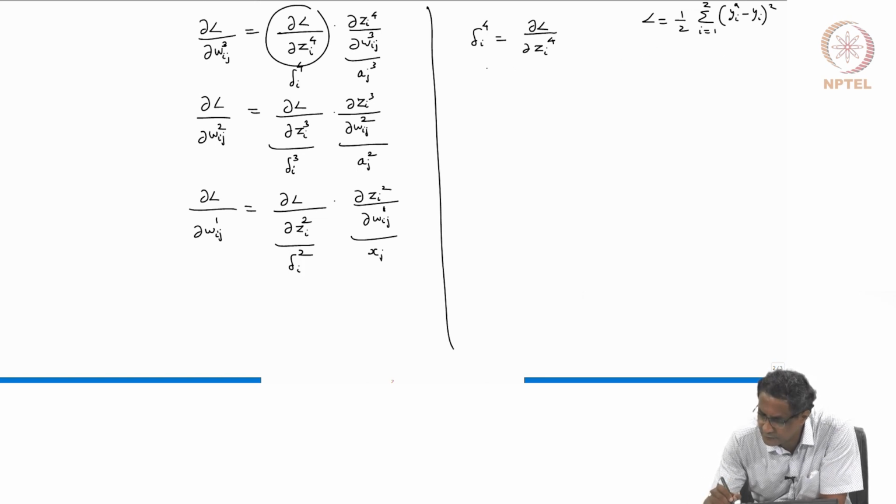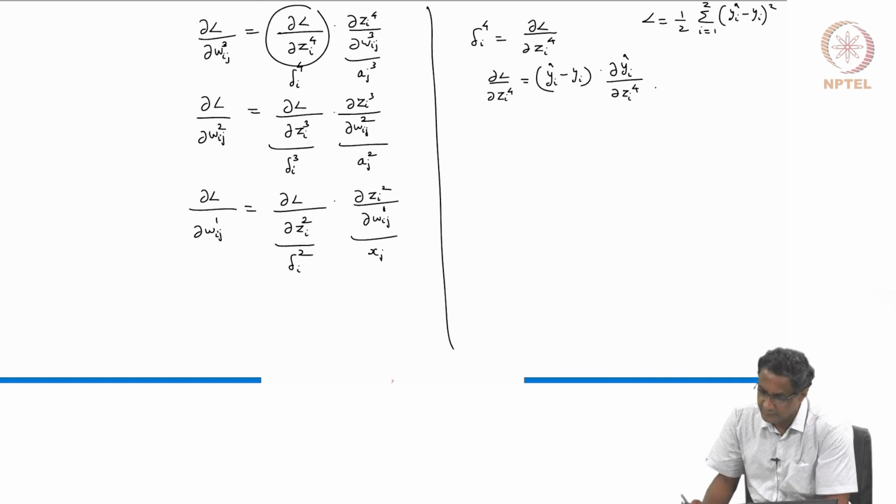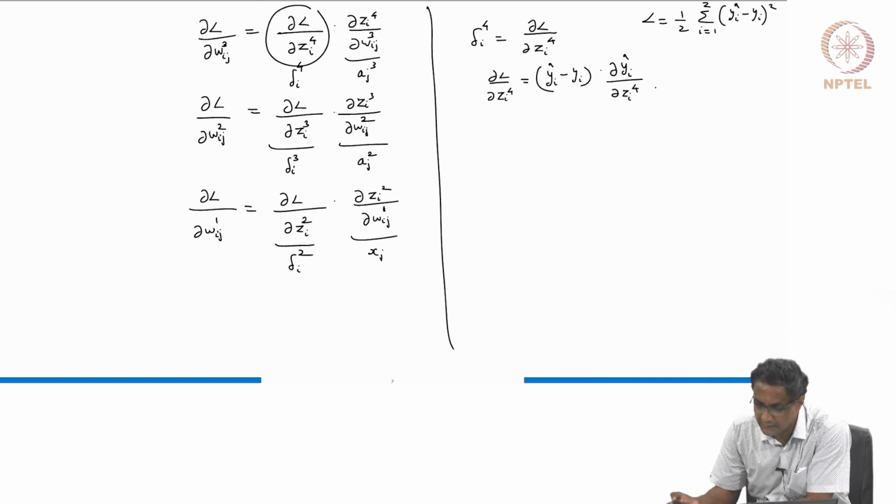So if you do dou L by dou Zi4, the 2 will cancel off, and you will have yi hat minus yi, times dou yi hat by dou Zi4. But yi hat, if you observe, is f of Zi4, and therefore this is simply f dash of Zi4.